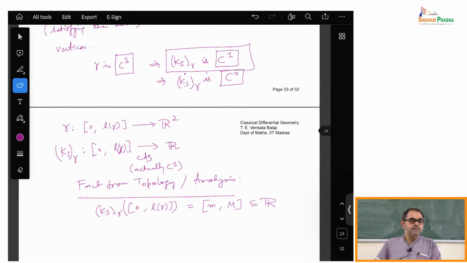This small m is the minimum of the sine curvature, and this capital M is the maximum sine curvature.